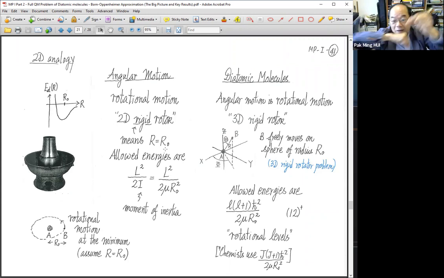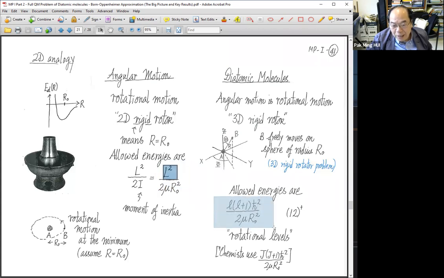It rotates around. I checked your notes from last term, and you have done a 3D rigid rotor problem. But you can easily guess what it is. Classically, it is angular momentum squared divided by 2 times the moment of inertia. Therefore, classical mechanics says the energy is this. When you go quantum, the only thing that goes quantum is angular momentum squared.